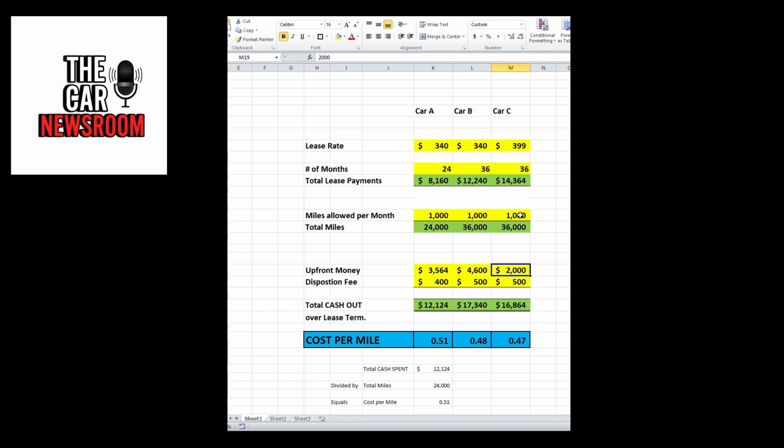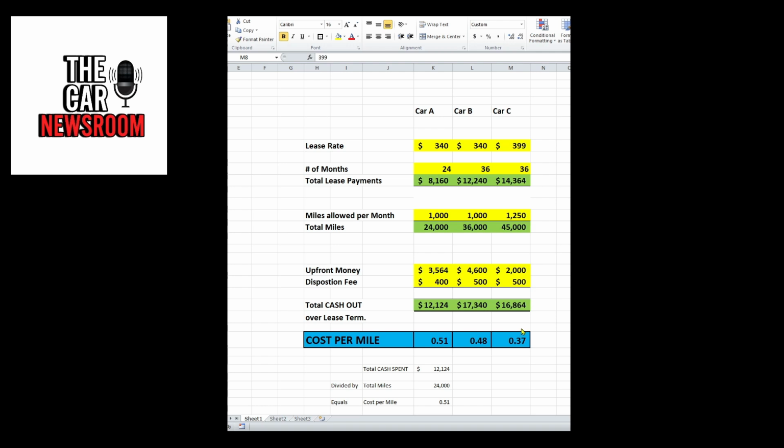Now, if you had a lease, in this case, that was 15,000 miles a year, as an example, that would be equivalent to 1,250 miles a month. So in this case, I change it, and if that was $399 a month, and you got 15,000 miles out of your lease, then your cost is going down to 37 cents.